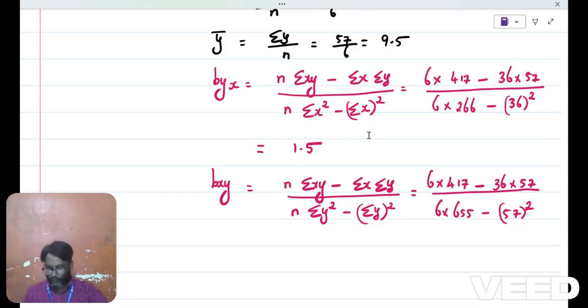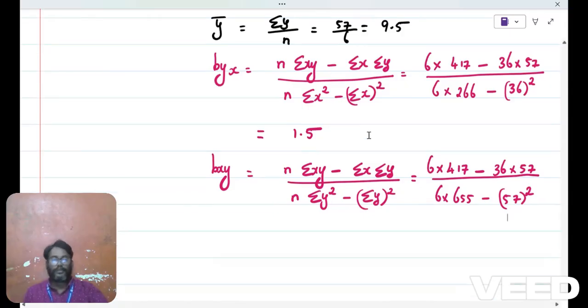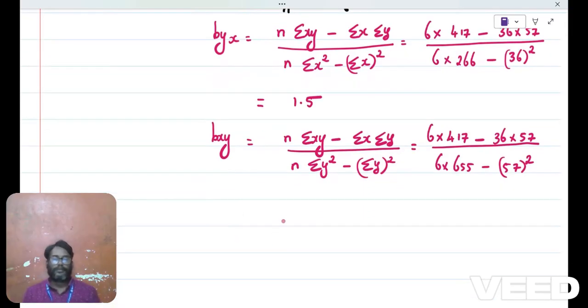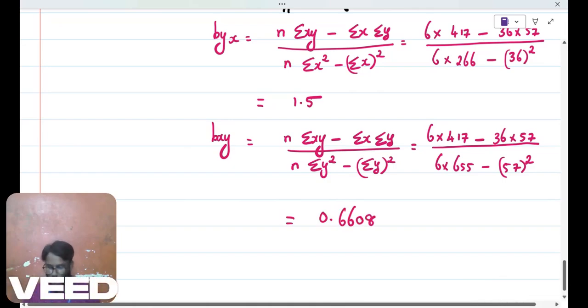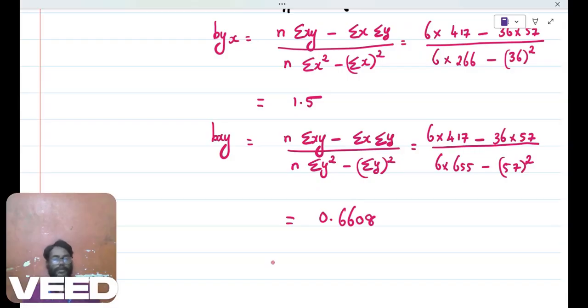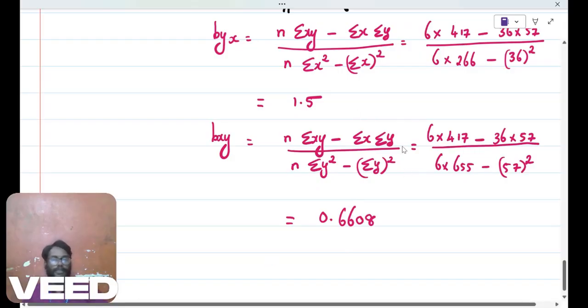We got byx as 1.5. Similarly, if I compute the bxy value, I'll get 0.6608. So using these two values, now we are going to compute the regression lines.